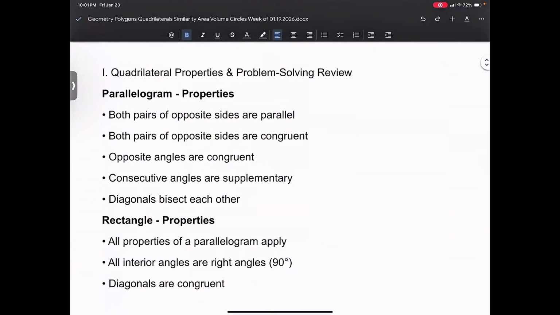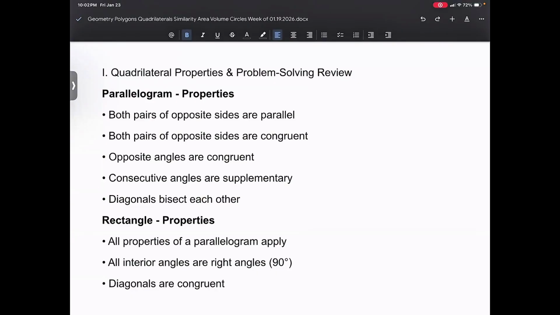Now, I believe this is the last topic that I'm going over, and ironically, it's number 1. For some reason, I went backwards in sequence on this review guide. Nonetheless, I'm going to end with parallelograms and rectangles. One thing that really stands out is the difference between parallelogram and rectangle properties.